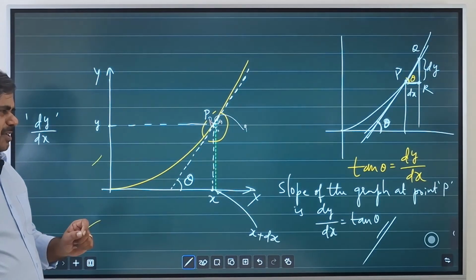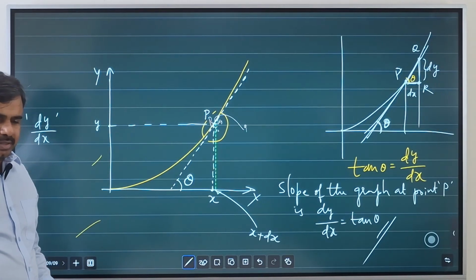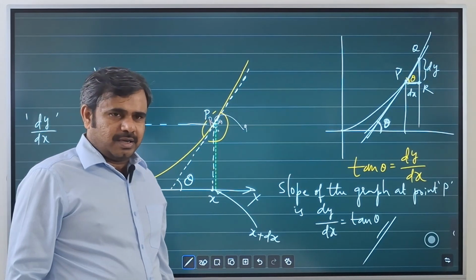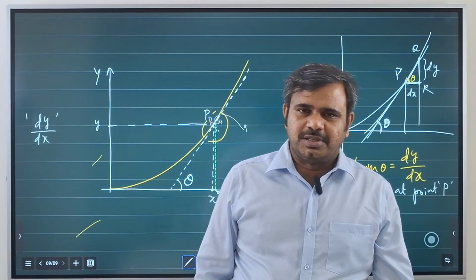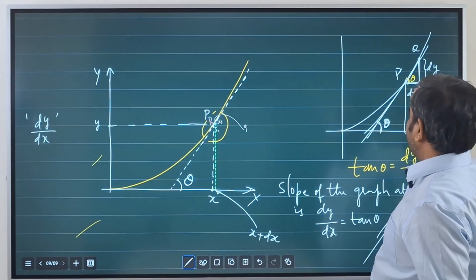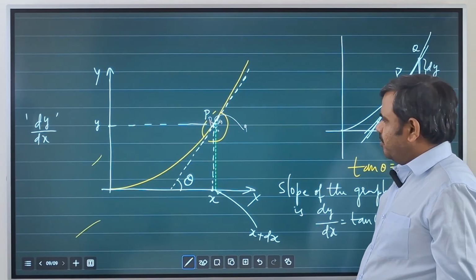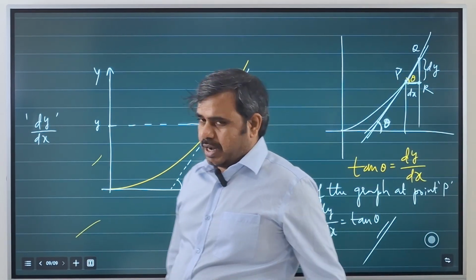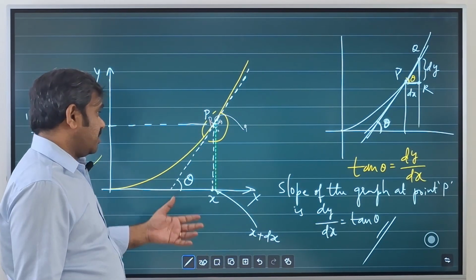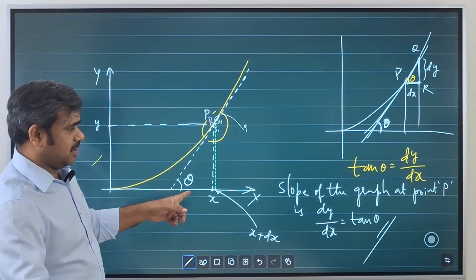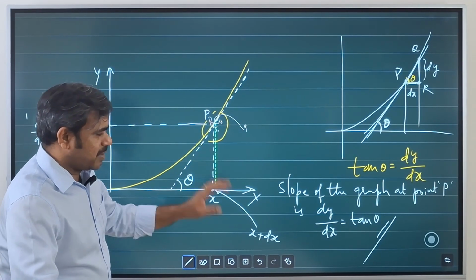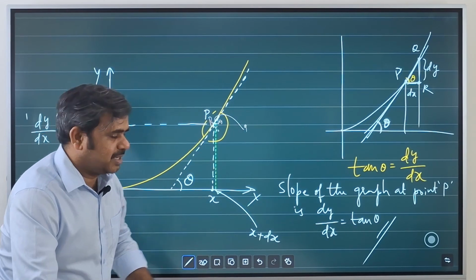So the rate of change in y with respect to x at a given value of x is equal to the slope at a given point on the graph, which is equal to the tan of the angle made by the tangent with the x-axis.